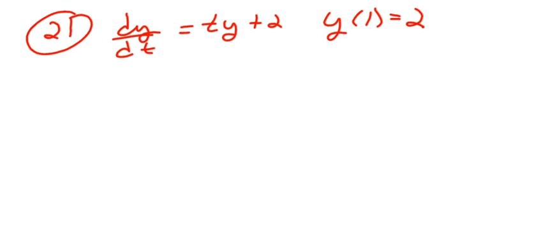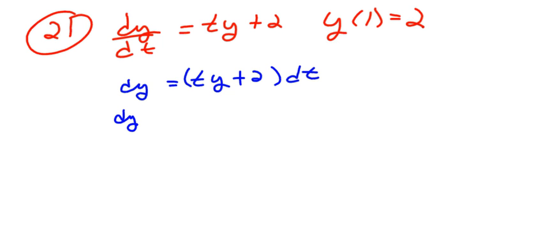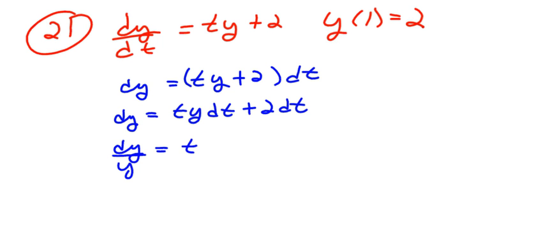So in this case, I'm going to multiply both sides by dt. So let's see, if I expand this out, I get, if I divide both sides by y, wait a minute.